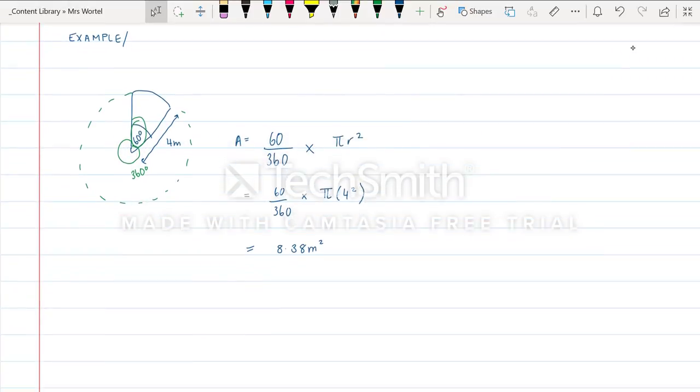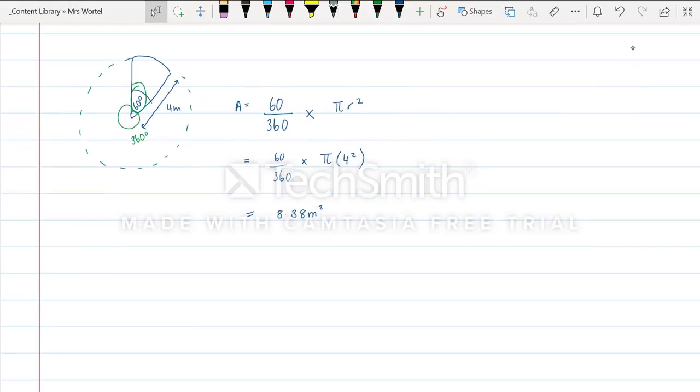Okay, I'm going to do an example for you guys to have a go at. So I would like you to have a go at finding the area of this sector. So we've got 30 degrees and a radius of 10 centimeters.